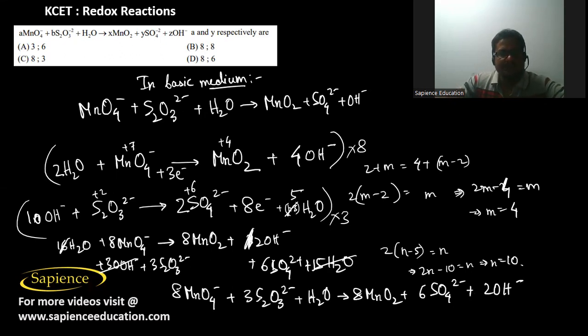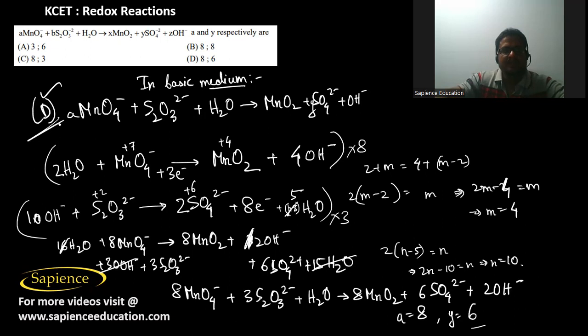Therefore the value of A is 8, and Y is the coefficient of sulfate, so Y is 6. So 8 and 6, option D is the correct answer.